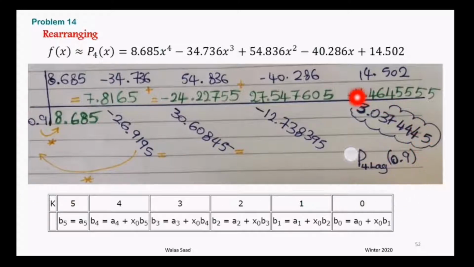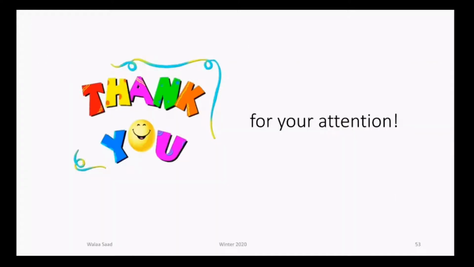So this is the evaluation of the fourth degree polynomial at x equals 0.9. And of course, this polynomial was deduced from the Lagrangian method.